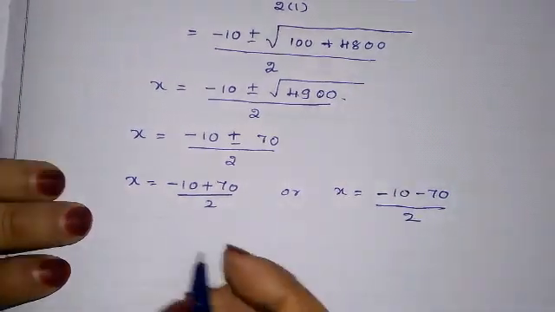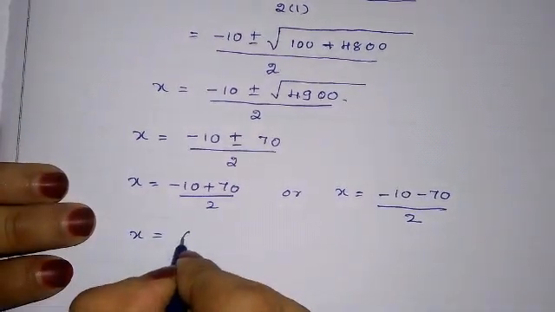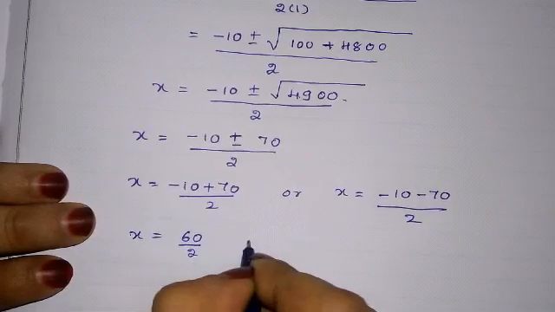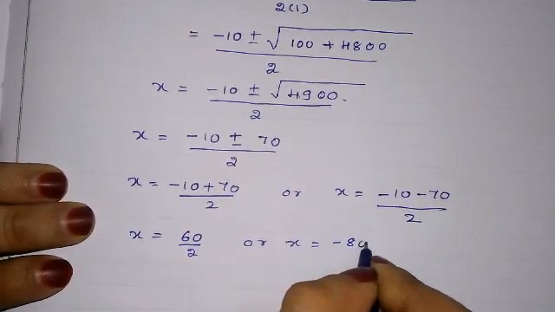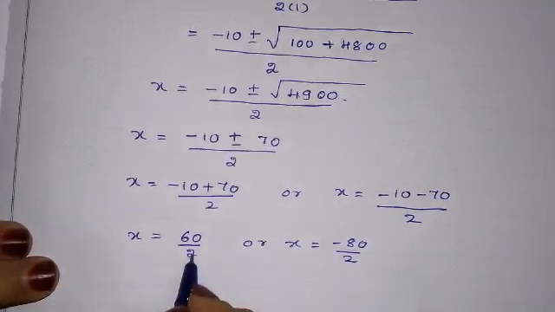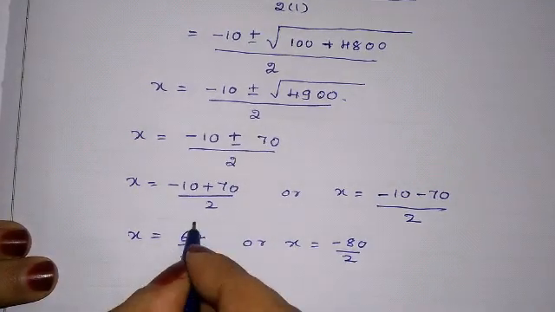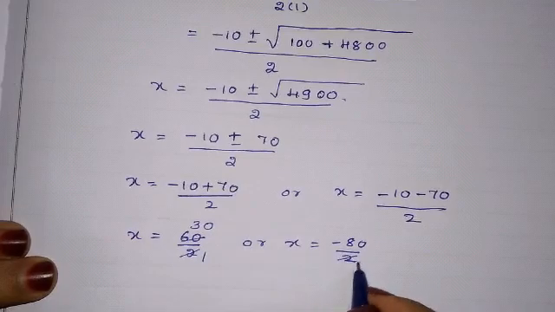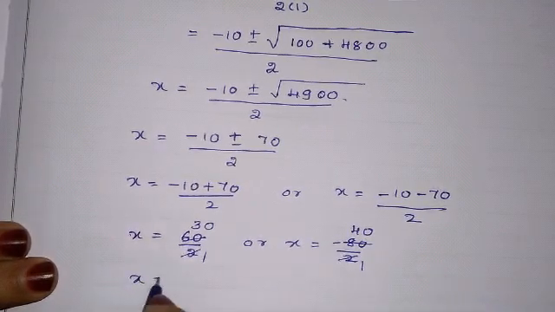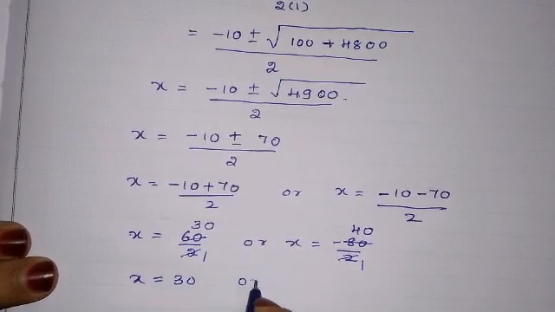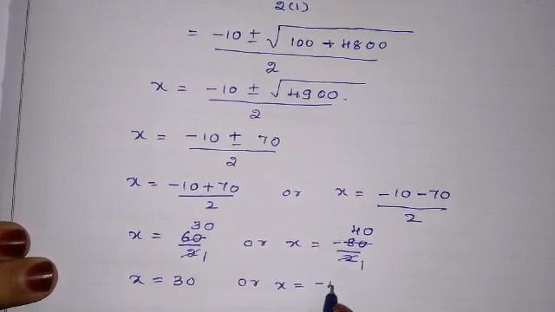These two values we have. x is equal to 60 by 2, or x is equal to minus 80 by 2. Now 2 threes are 6, 0, 2 fours are 8, 0. x is equal to 30 we got, or x is equal to minus 40.